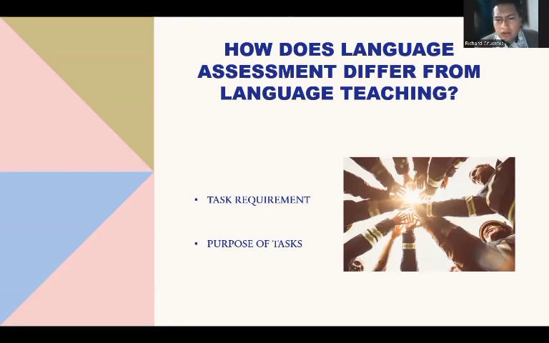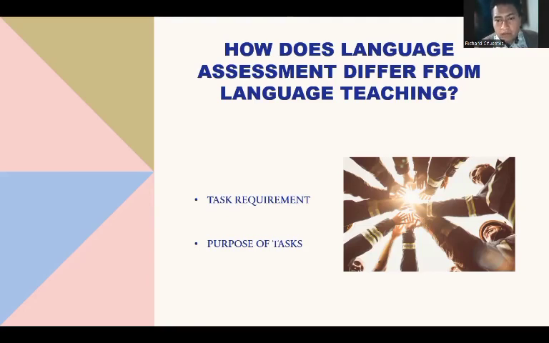But on the other hand, language assessment is like guidelines that help me to recognize how they are learning, and what difficulties to deal with in future classes. Both language teaching and language assessment, in the task requirement, are used to ensure what they are learning. And the purpose of the tasks is equal.